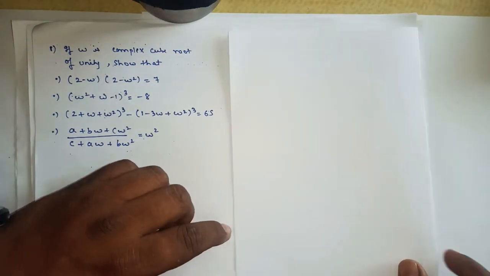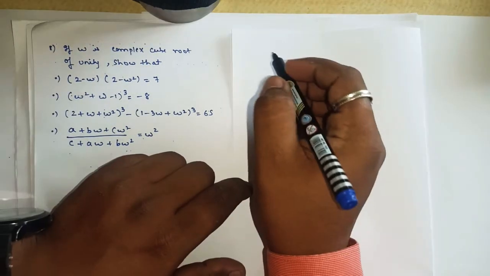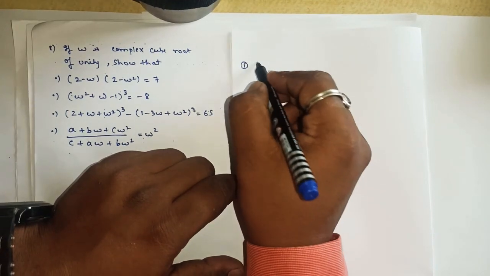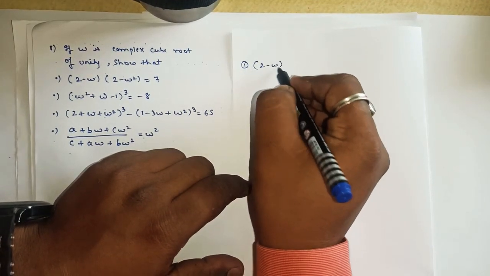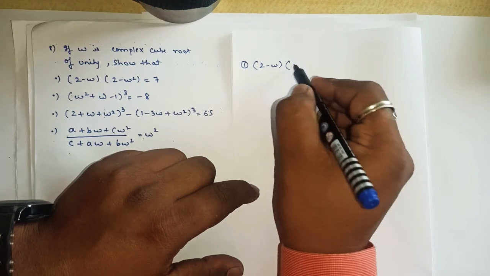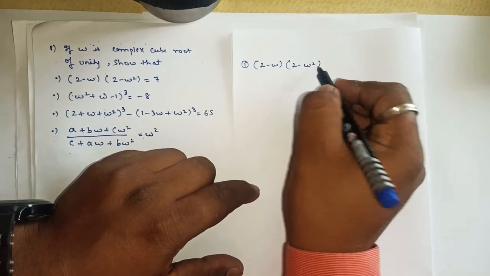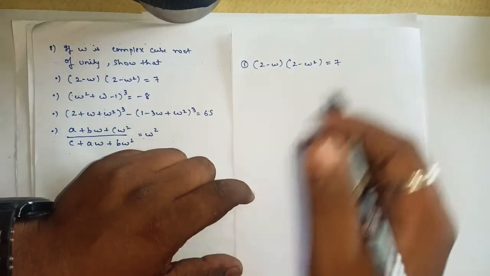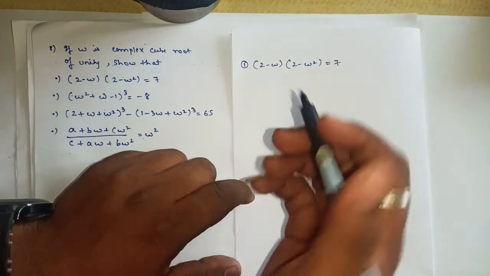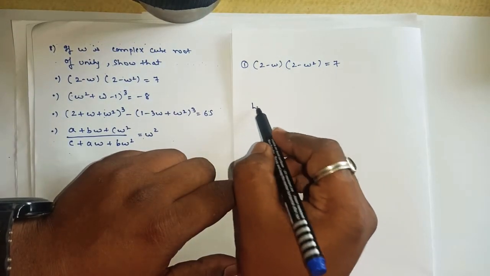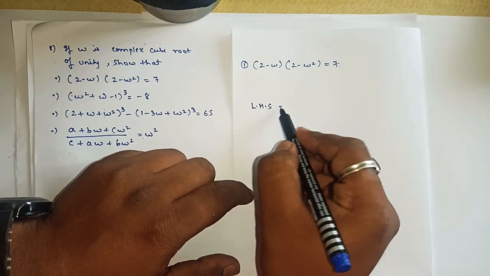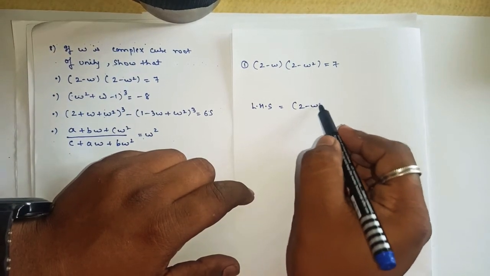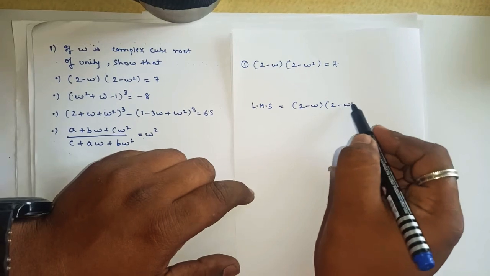So in the first one it says that 2 minus w, 2 minus w square is equal to what? 7. So now we have to show that this left hand side is equal to the right hand side. So we'll take the left hand side, that is 2 minus w and 2 minus w square.